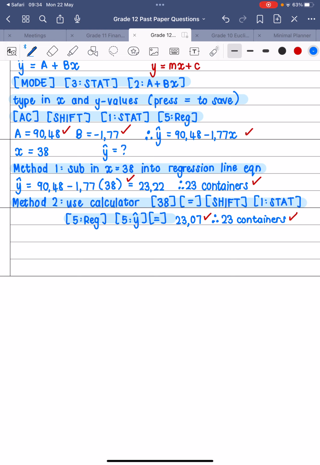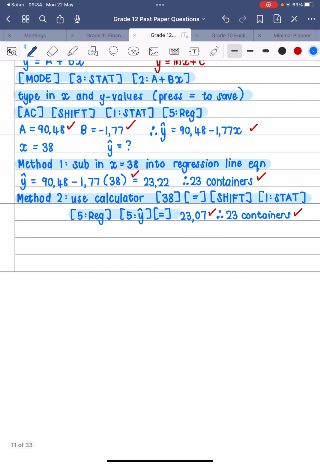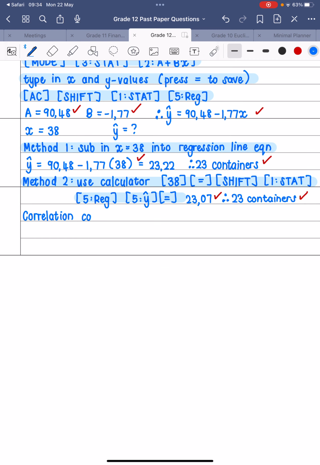Now guys, the correlation coefficient is R, and that tells you how strong the relationship is between the price and the number of containers sold.